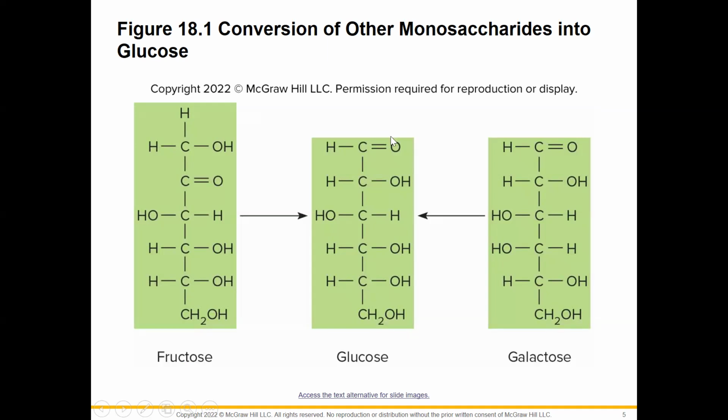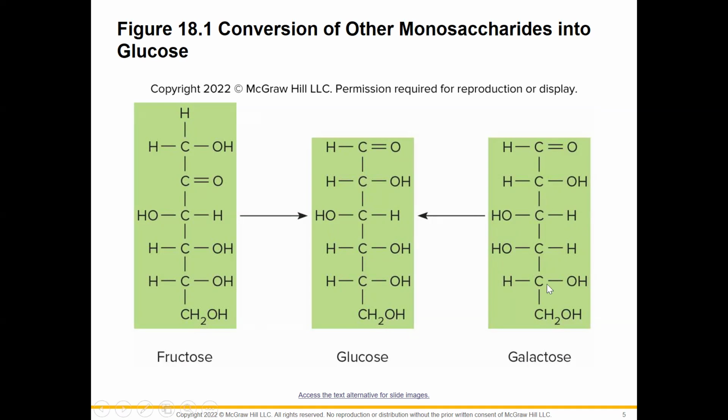And O6, you have six oxygen atoms. So fructose, glucose, and galactose all have that same basic chemical structure, C6H12O6. But how these things are arranged is what determines which type of monosaccharide it is.